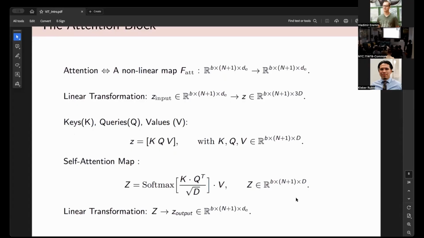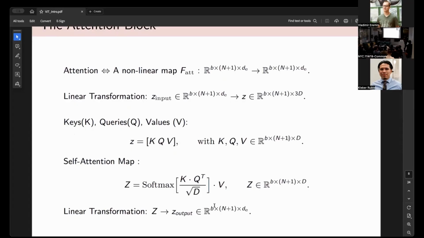Then finally, there is another linear transformation, which puts it back in the original shape. So there's a linear transform, a self-attention map, and then another linear transform, so that the shape of the tensor remains the same. To answer your question, this is the attention.